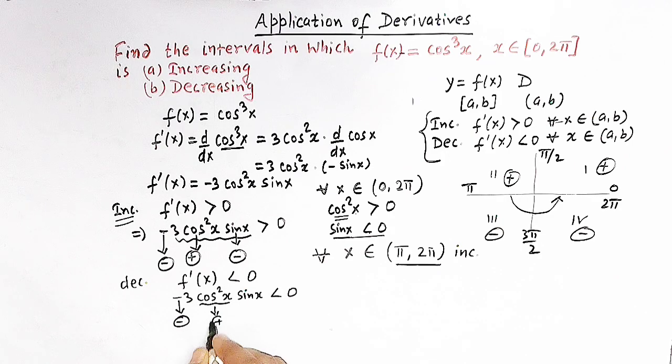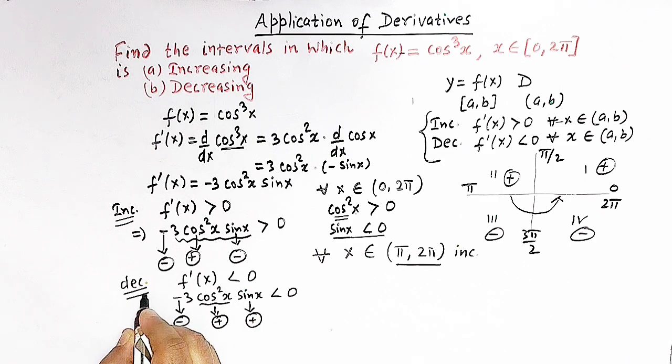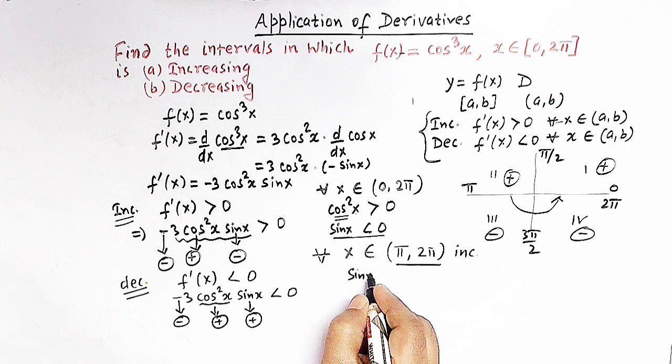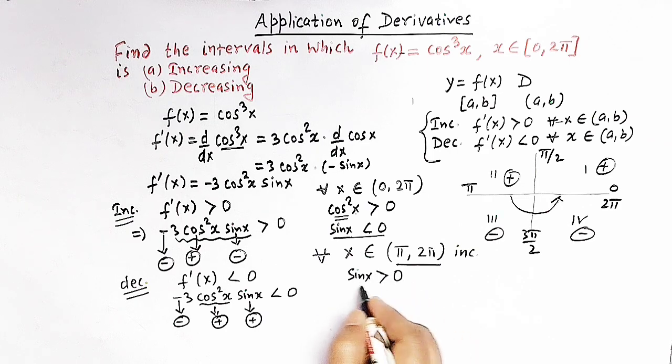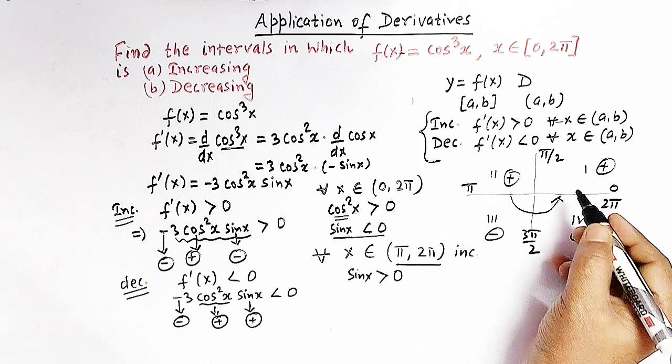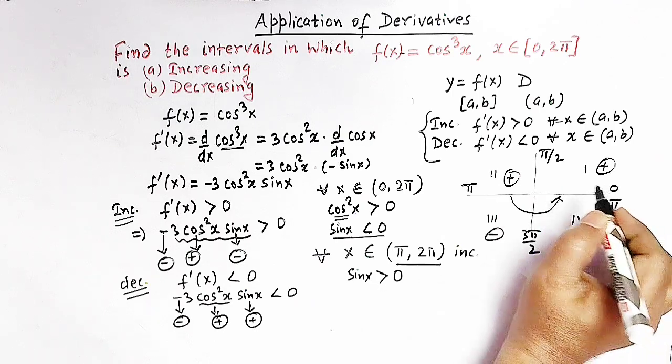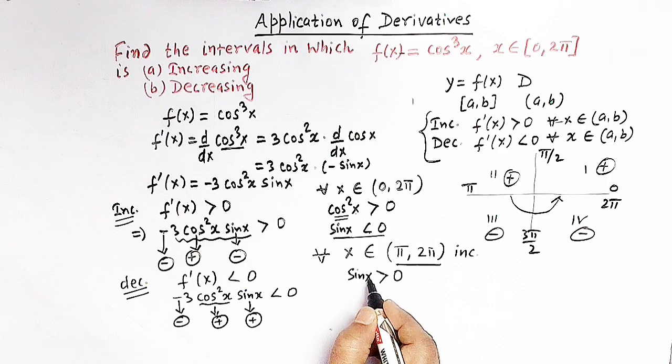So for this term to be less than 0, this sin x should be positive, right? So now in case of a decreasing function, this term, that is sin x, should be greater than 0, or sin x should be positive.